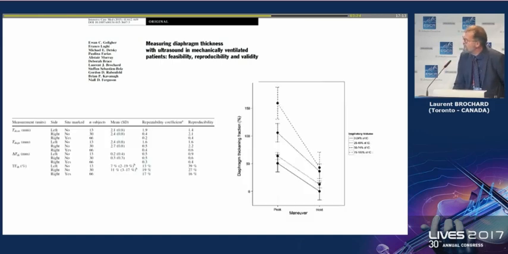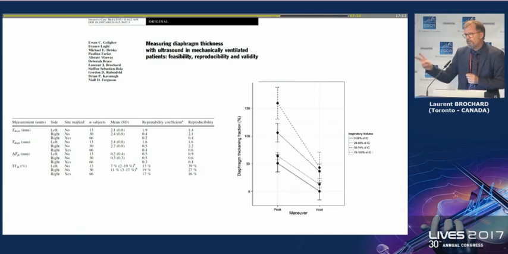You may not see very well, but if you are interested in the details of how reproducible it is, what technique should be used, this is very well described in this paper. The reproducibility for the thickness is very good. The most difficult part is the thickening fraction, because you have to be sure you don't move, you are at the right place.